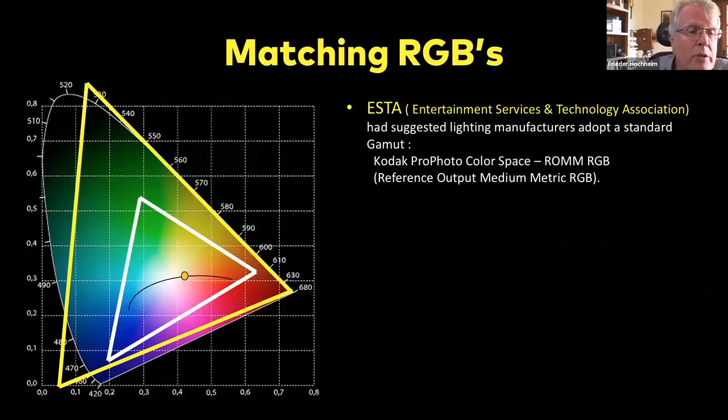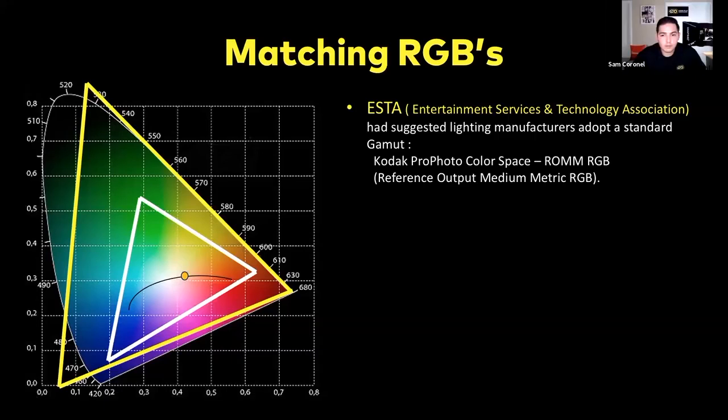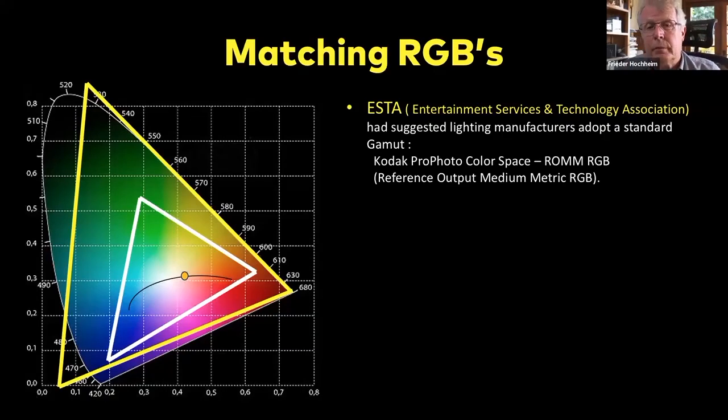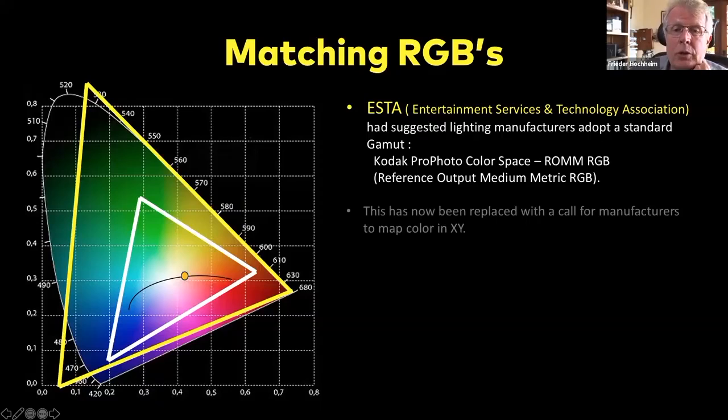We know that the cameras are going to see it, everything's going to see it, so let's just pick this. And so they predicated this on the Kodak Pro Photo color space. The actual Kodak Pro Photo color space is predicated on a D65 daylight, but they happen to choose 3200. Maybe it's because they came out of the theatrical world.